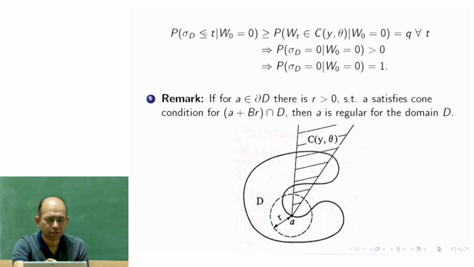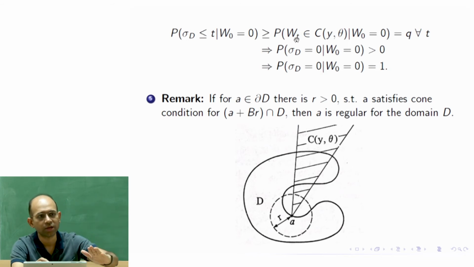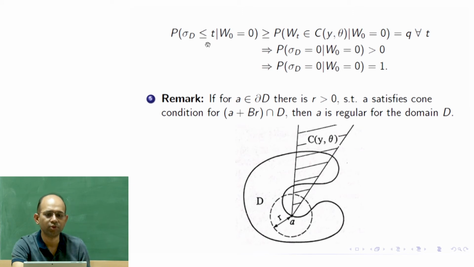If W_t is in that cone, then Brownian motion already left the domain and entered the cone, and of course it left before time t. So this is the superset of this, and this probability is larger than or equal to that probability.